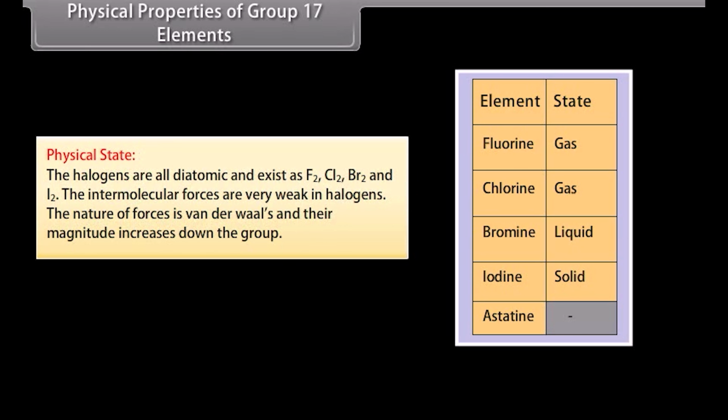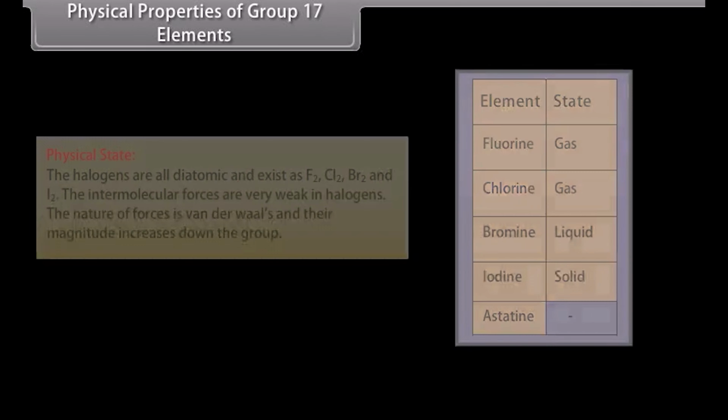The halogens are all diatomic and exist as F2, Cl2, Br2 and I2. The intermolecular forces are very weak in halogens. The nature of forces is van der Waals and their magnitude increases down the group. Thus, F2 and Cl2 are gases, bromine is a volatile liquid, and iodine is a volatile solid.